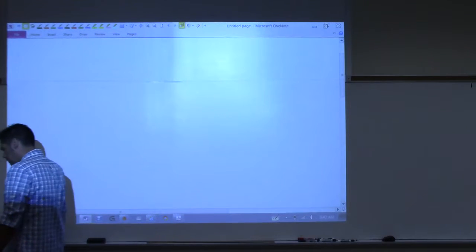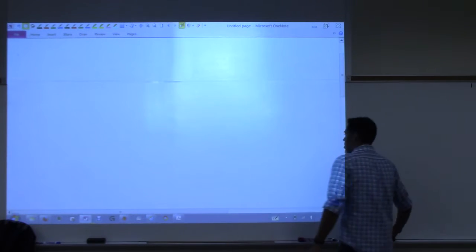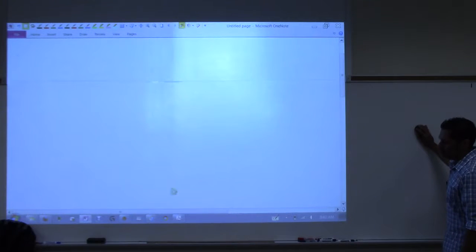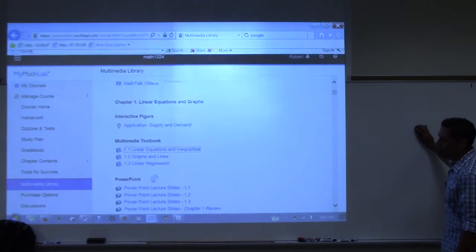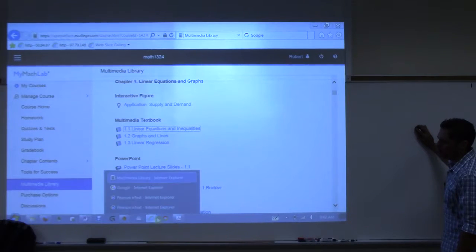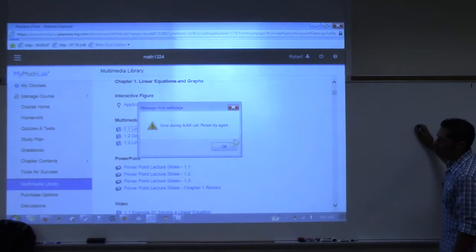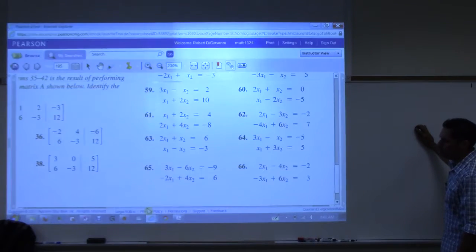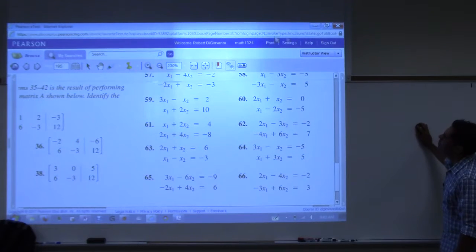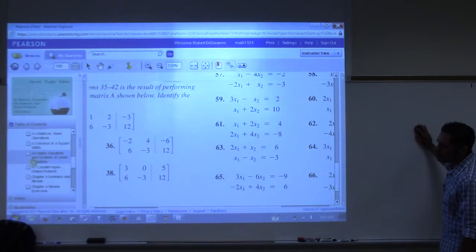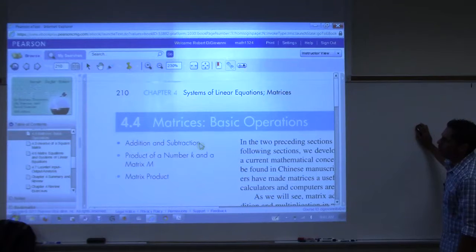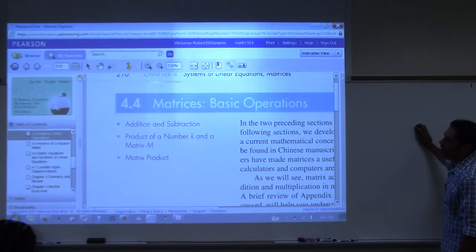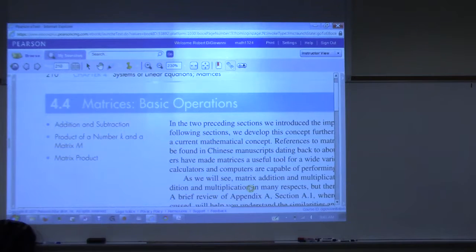All right, we are going to move on now to a new section. We're going to jump from 4.2 to 4.4. We are going to be talking now about matrices and the basic operations of matrices.